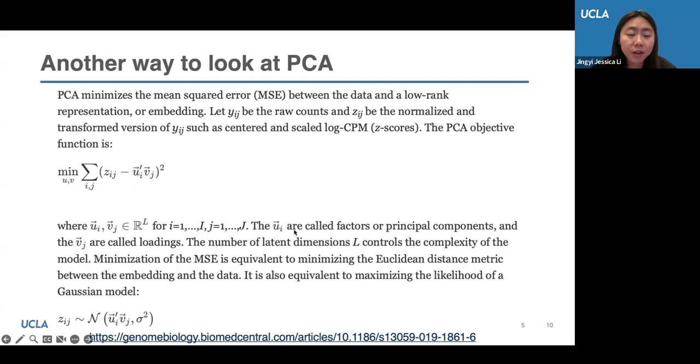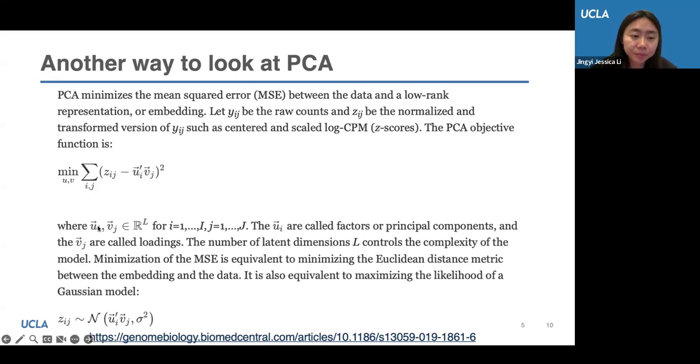And what is the benefit of doing that? The benefit is that if your cell i is represented by L dimensions, these L dimensions are essentially the L PCs. So I'm getting cell i's embedding in each of the L dimensions, call that u_i. And v_j is the original gene j's contribution to the L PCs, like the L loadings. Each gene j will have a loading in each of the L PCs.